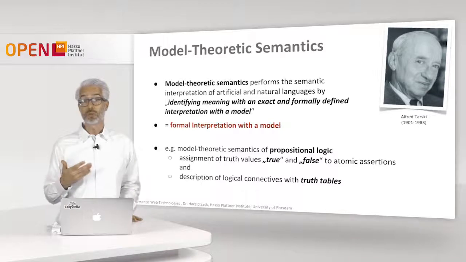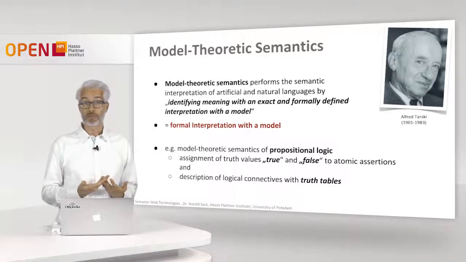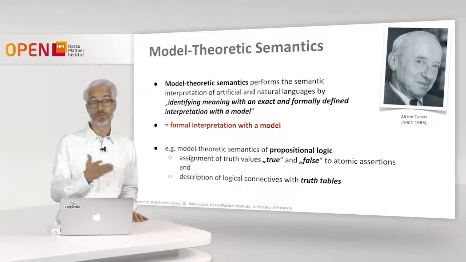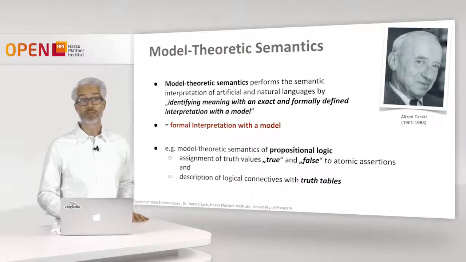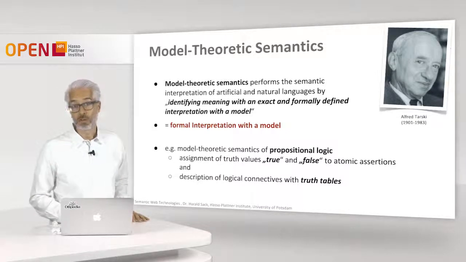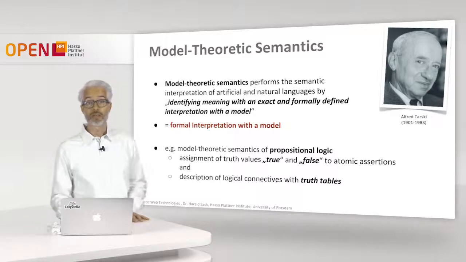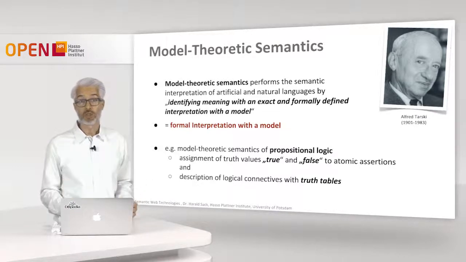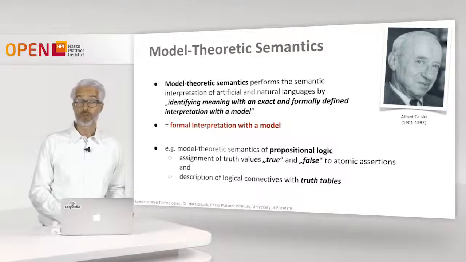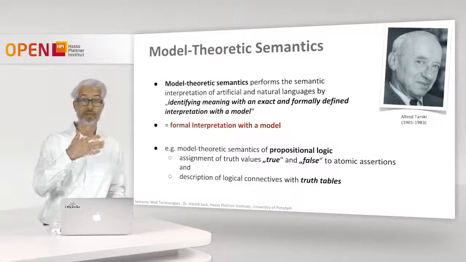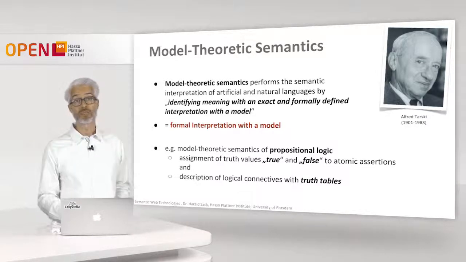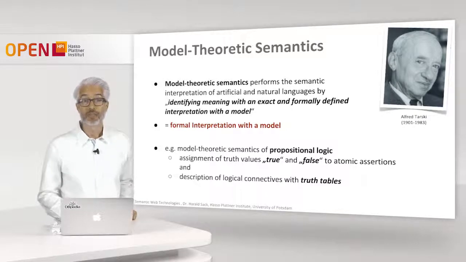So what you do is you assign truth values to atomic assertions, to variables or assertions you have there, so they can be either true or false. And then when they are connected with these logical connectives, you have truth tables which define how these logical connectives, which are and, or, implication, or equivalence, how they work. So this is done by truth tables.